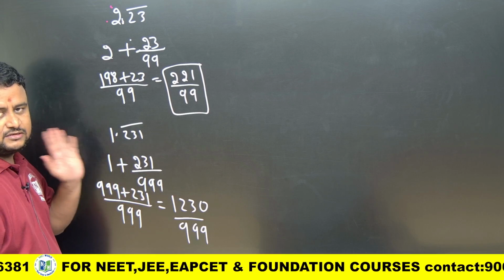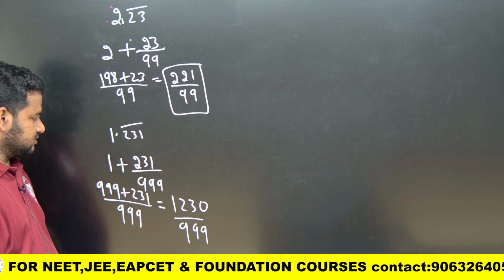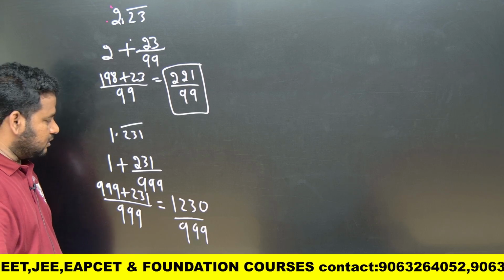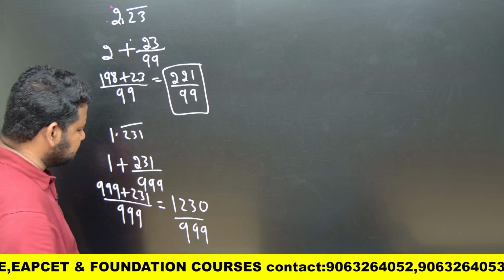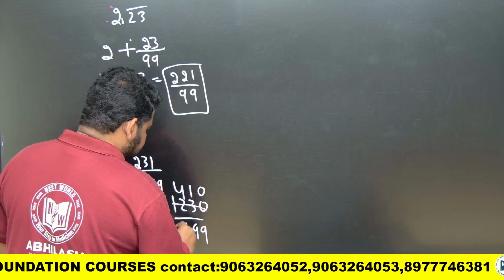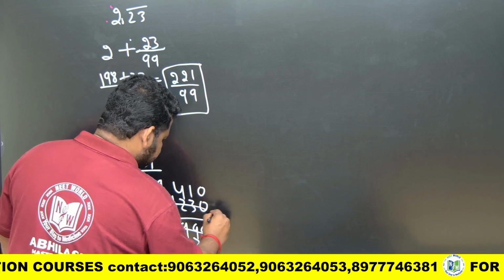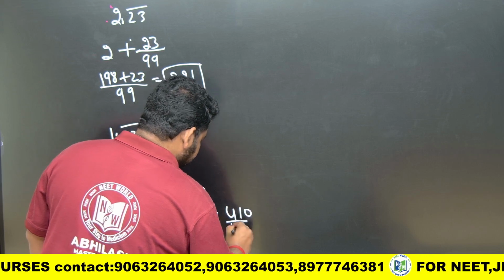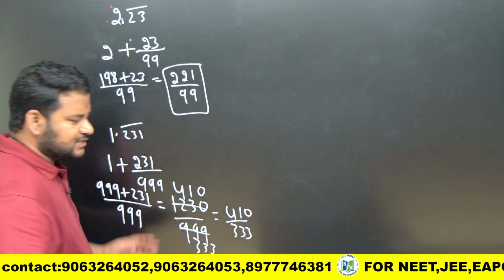You can solve it like this using the shortcut method. If you can simplify this, you can simplify. I think it will go by 3. So 3 4s are 12, 3 1s are 3, 3 3s are 9. So this will be equal to 410 divided by 3 into 3 into 3.